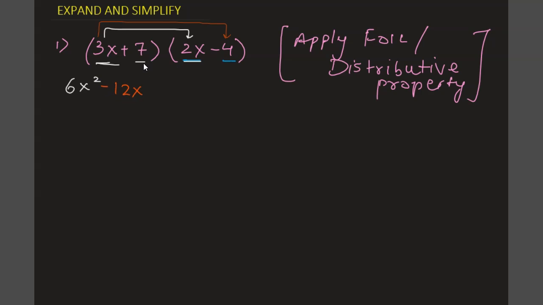Then we continue the same process with the second term of the first bracket multiplied with the first term of the second bracket. This is 7 times 2x gives us 14x. Similarly, we do 7 times negative 4 is negative 28.